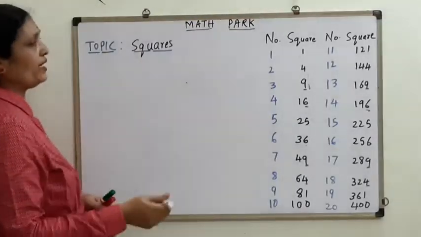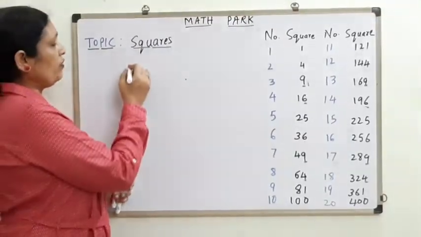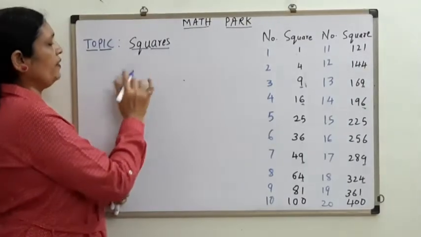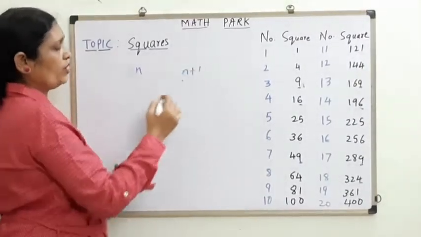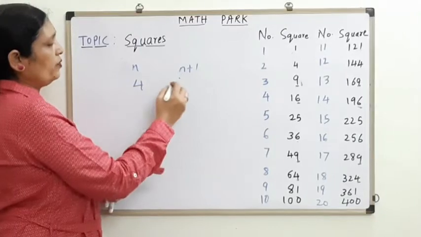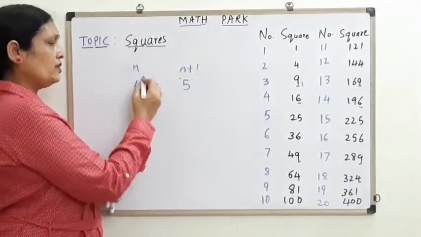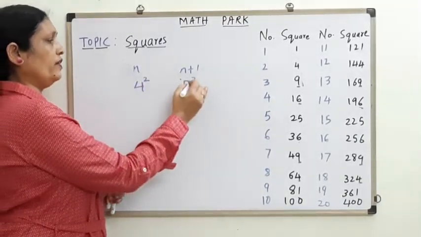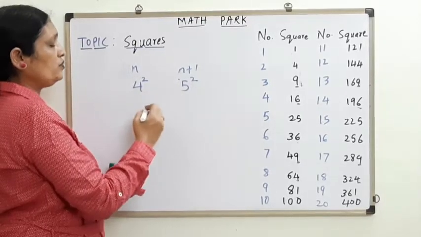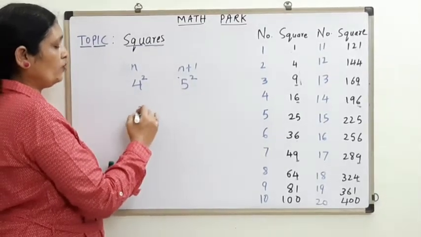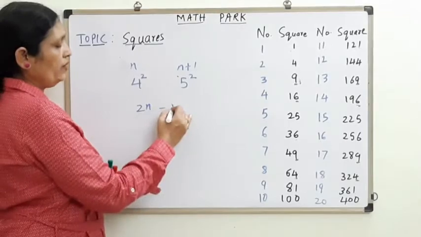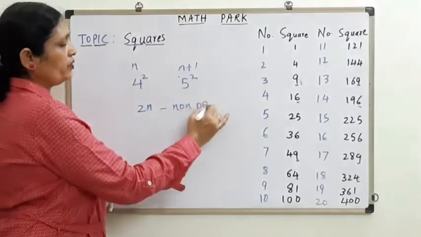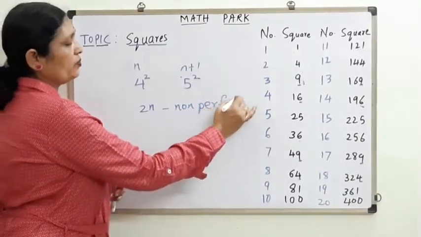Furthermore, let us understand a little more properties. Suppose we take two consecutive squares. Let us say n and n plus 1. Let n be 4 and n plus 1 be 5. If I take the square of 4 and the square of 5, there will always be 2n non-perfect squares between two consecutive square numbers.